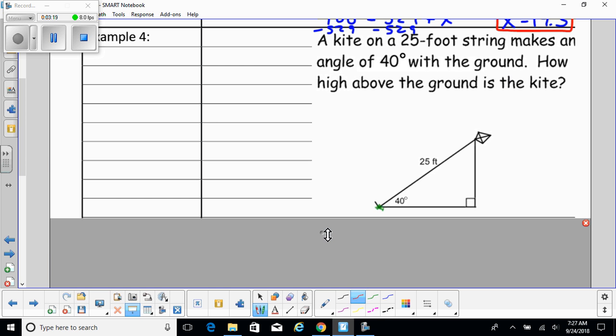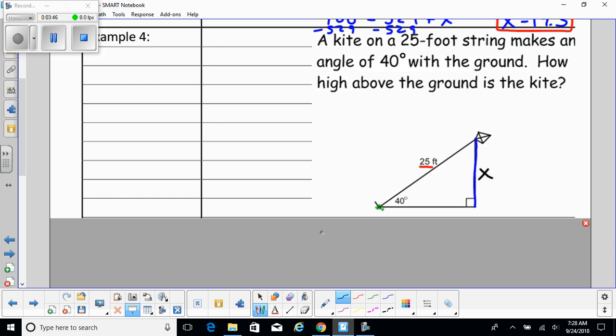Let's all make sure we put the information we're looking for on the picture, because without it, we can't really figure out what sides are important to us as we begin to do some marking. They've given us the fact that it's 25 feet, the kite. The angle's already been set here, and we're looking for how high the kite is above the ground. We're assuming the ground is here, so this is the side we are looking for. So I'm going to put an X over there.